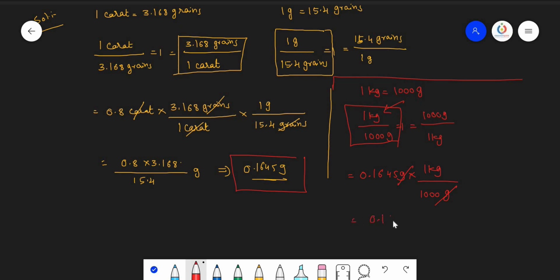So 0.1645 into 10 power minus 3 kg. This is the answer. If you want to convert it into scientific notation, it becomes 1.645. Scientific notation means the starting 0 must not be there; some other value must be there. So 1.645 into 10 power minus 4 kg. So this is the answer.